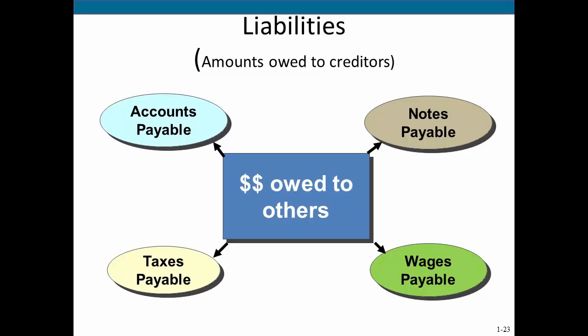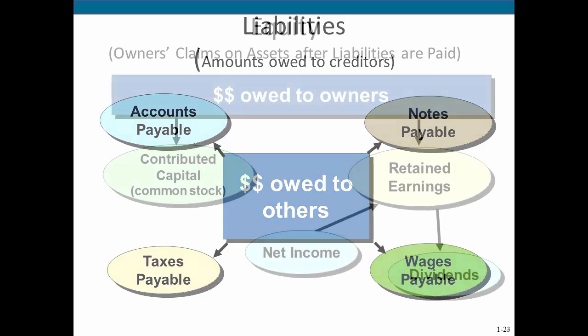Examples of payables are wages payable to workers, accounts payable to suppliers, notes payable to banks, and taxes payable to the government. Going back to my previous example when we talked about receivables, you personally have a liability, an accounts payable, to the cell phone company for the use of your phone each month.